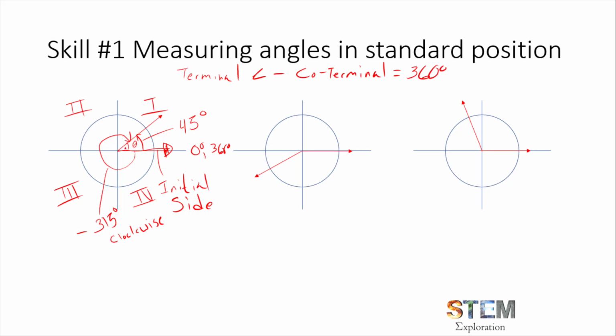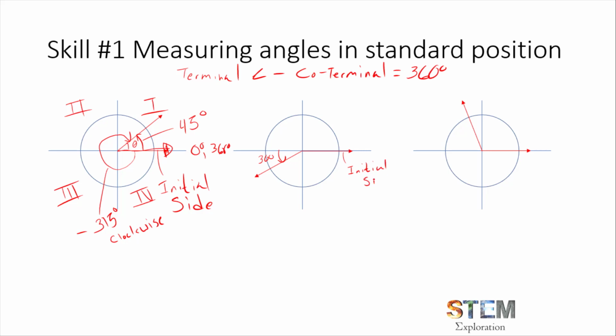Let's say we have a little wedge here, and we'll say that this is 30 degrees, from this point to this point. We want to know the angle measure here based on standard position. The standard position, again, is just describing that this is the initial side.